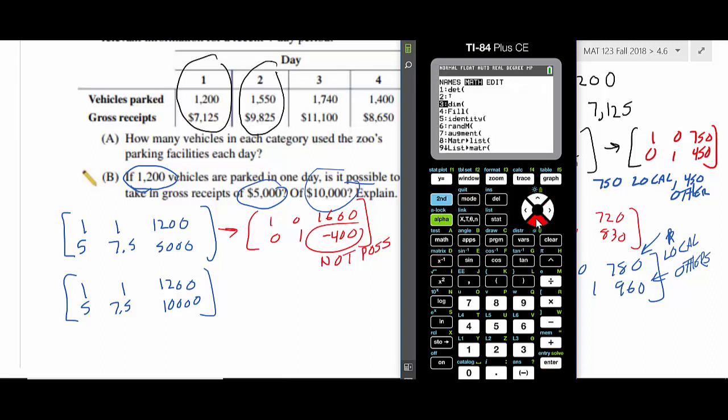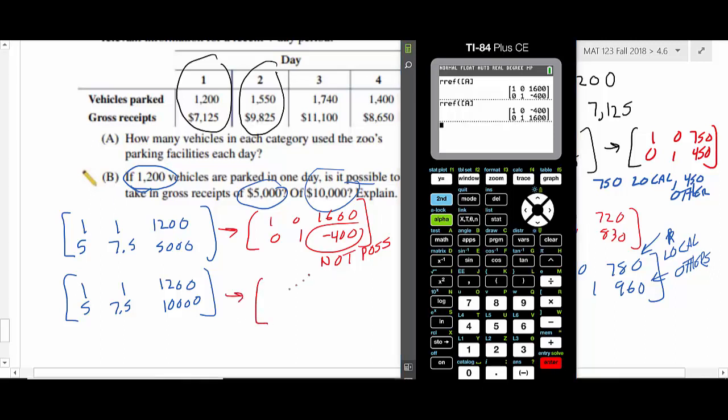So go math, reduced row echelon. Okay, put in the A, and let's see what kind of result we get on this. Okay, is that possible? Same idea. Okay, so this one's not possible either. You can't have negative numbers of cars. So it just kind of did this in reverse, really. So again, that one is not possible because of that.